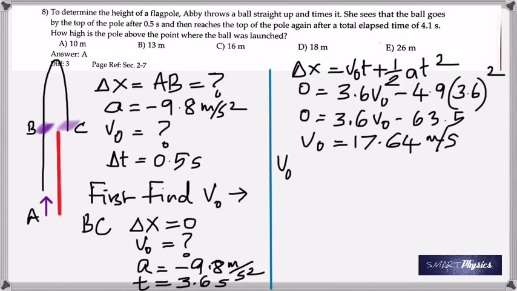Now, that means that's the velocity of the ball when it reaches B. So that initial velocity at B is actually the final velocity of the path AB. The velocity at B is the final velocity of this path.